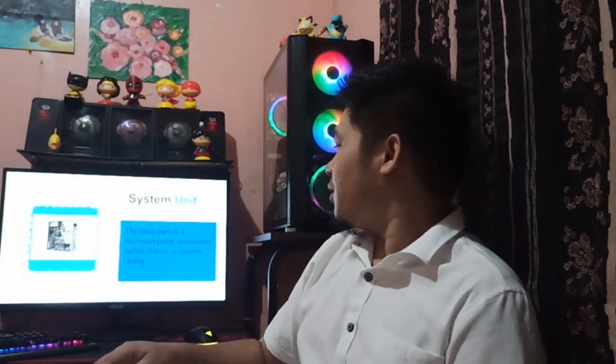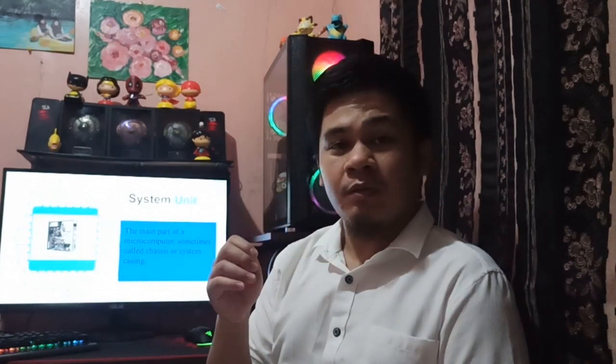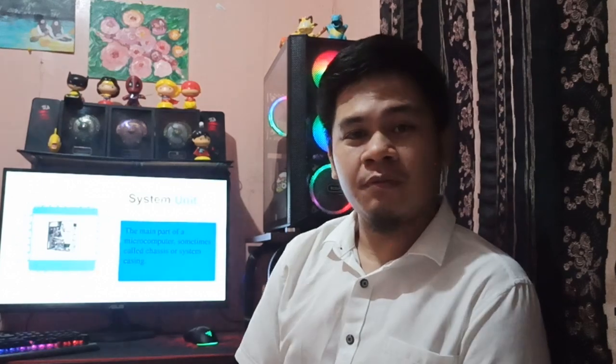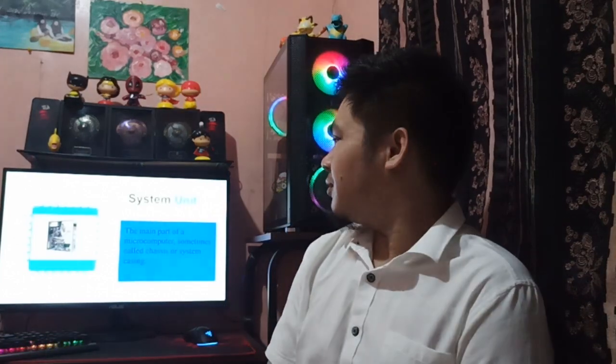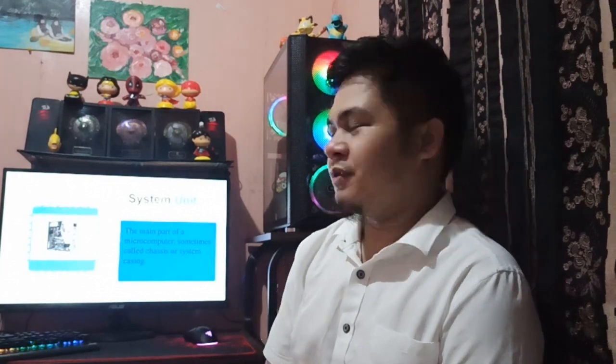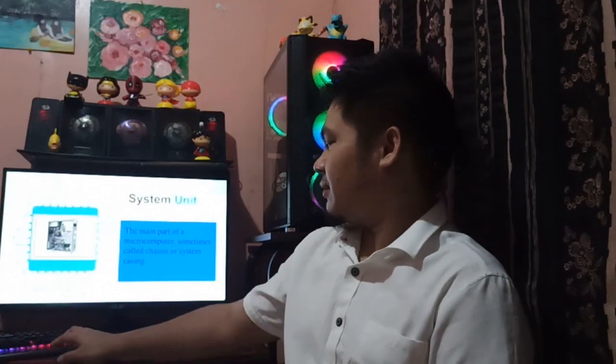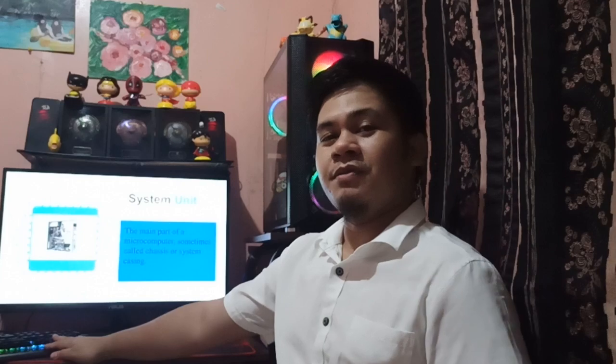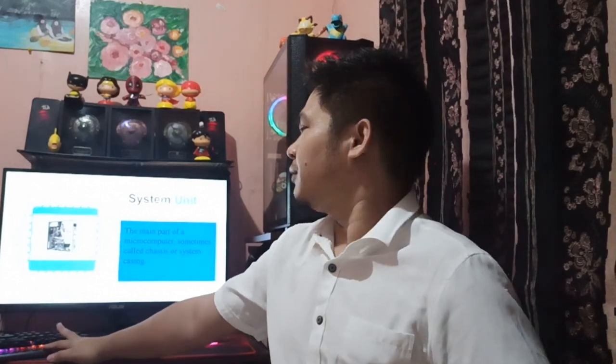A system unit, or a case or a chassis, is where we put all the components of a computer. It's like a house where we put our furniture. So the system unit is just a casing, a rectangular box used to store the components of the computer. Any questions? Okay, good.